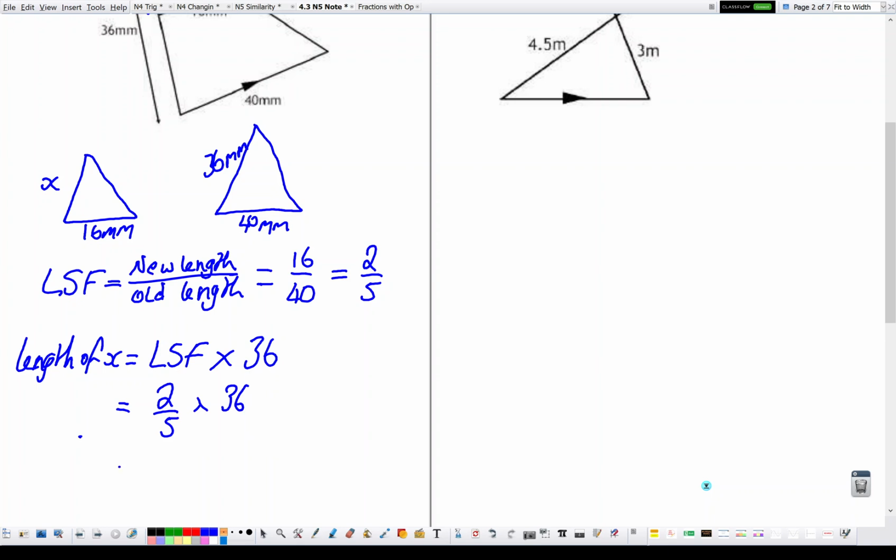And as I say, you get a calculator for this, so this one is not as easy to do mentally, so let's put it into a calculator. 2 divided by 5 times 36. Okay, so 72 divided by 5, so that is 14.4 millimeters.